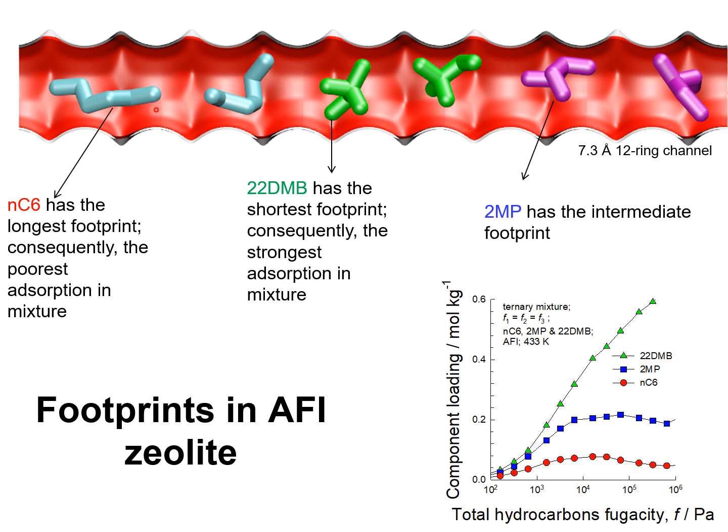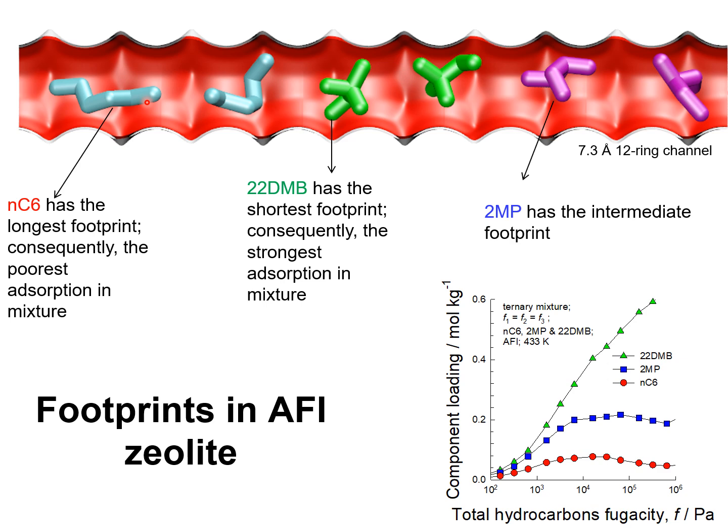This is a computational snapshot of the conformations of normal hexane, 2,2-dimethylbutane, and 2-methylpentane within the 12-ring channels of AFI zeolite that has dimensions of approximately 7.3 angstrom.